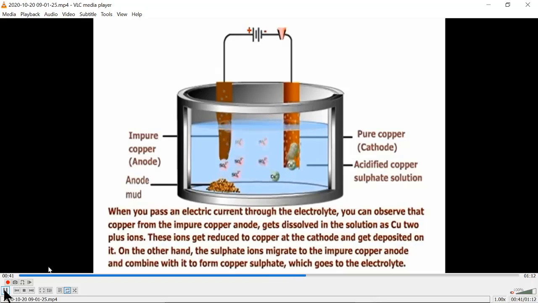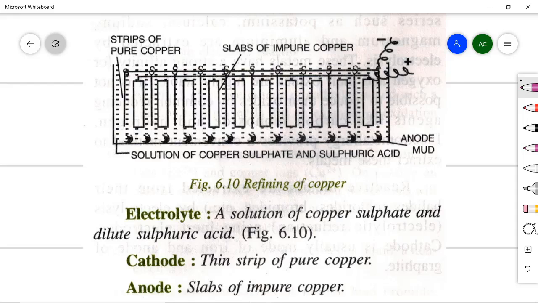Any metal can be purified with this method, that when you make it the anode, it will finish and the impurities will deposit down. Okay, the setup which I have shown you was just a symbolic setup, because in refineries it is not only one slab which is purified, rather it is a collection of strips.